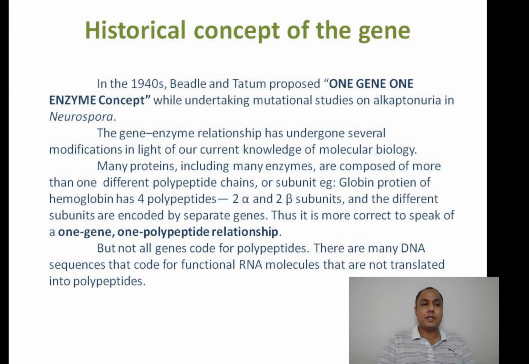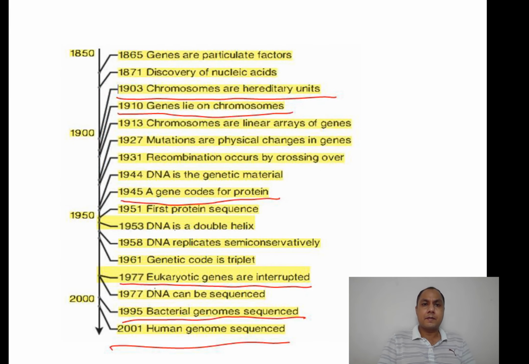So it is not necessary that a gene must encode a protein. Rather, we should conceptualize a gene as genetic information that specifies a particular function. But before going into that, we should know how the gene concept has evolved.